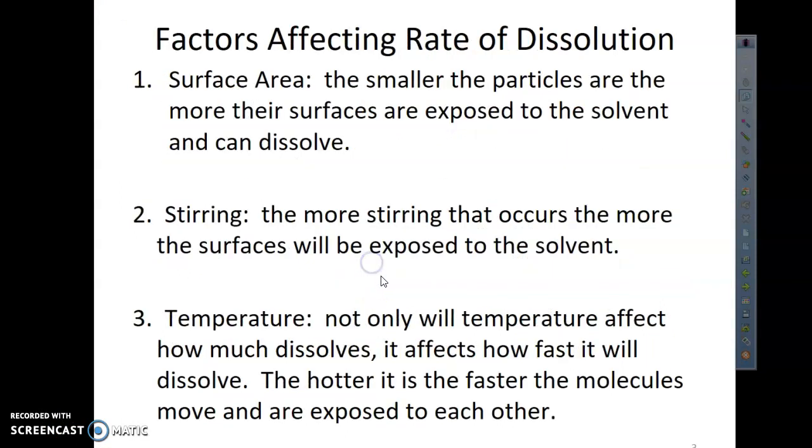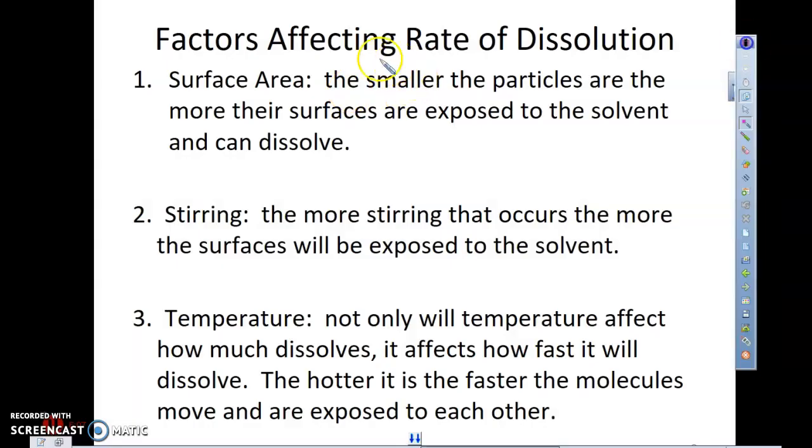All right, so a couple of things we're going to look at are factors that affect the rate. Now, this is different. The rate is different than how much ultimately dissolves. But if we're talking about rate, first of all, surface area: get it smashed up into tiny little particles, and more of their surface is exposed, more can dissolve.